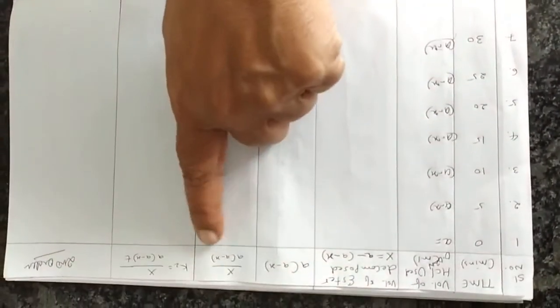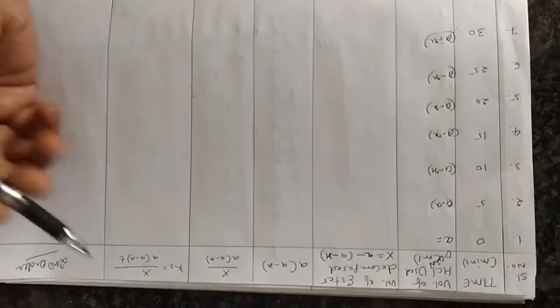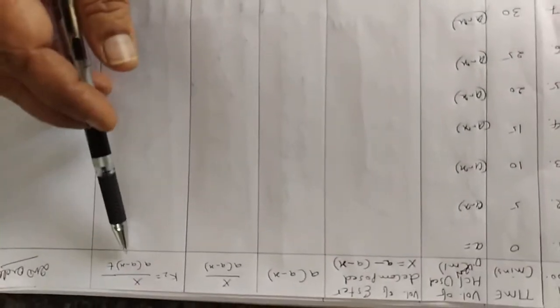And X divided by A into A minus X, that value you are going to take. From that you can find out the K value. Okay, K is equal to X divided by A into A minus X. At different time intervals you can find it out. Then you take the sigma of the values which you are going to get. From that you can calculate the T half.